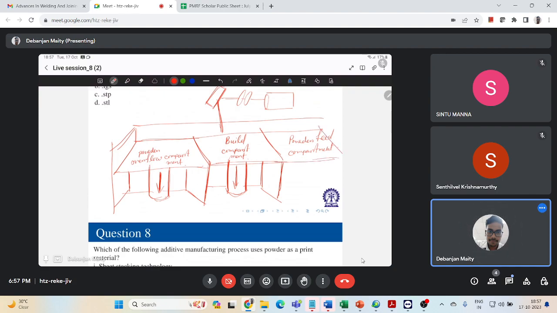Also you have a filling compartment, so I'm filling my powder here. Okay, somehow I have managed.